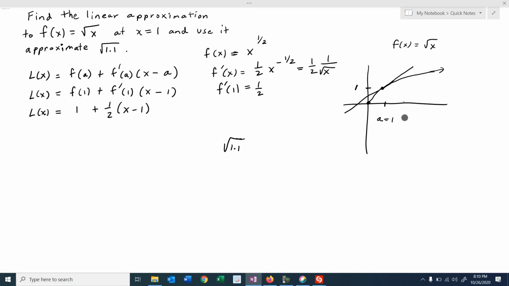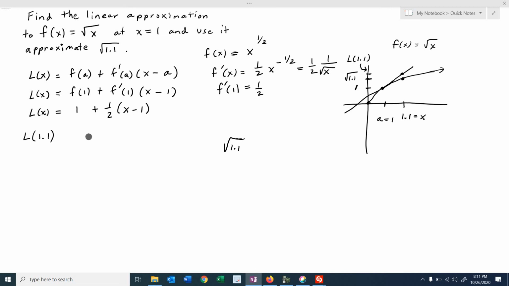So here's 1.1. The square root of 1.1 would be the y value right here. And we're approximating that by looking at the y value on the tangent line, which is just a little bit above that right there. That's L of 1.1, that top one. So we're just going to plug a 1.1 in for this x value and see what we get for our linear approximation.